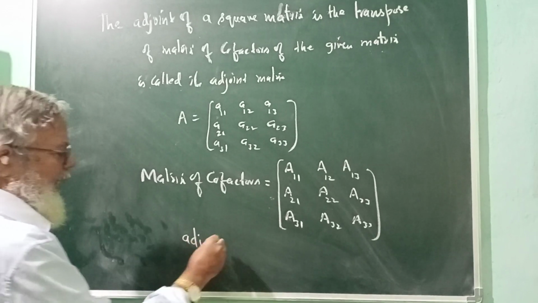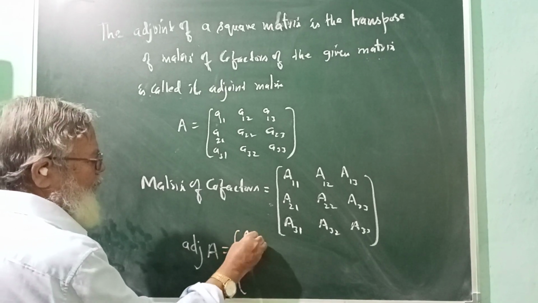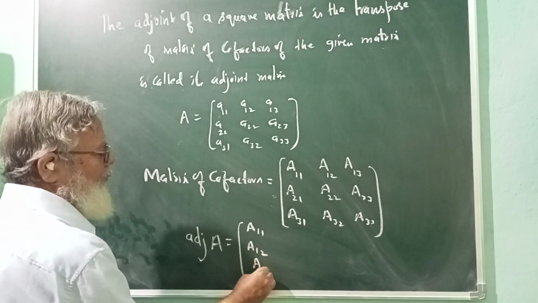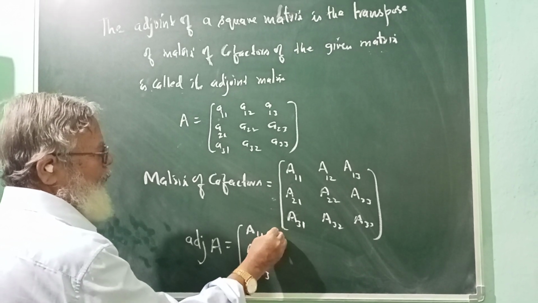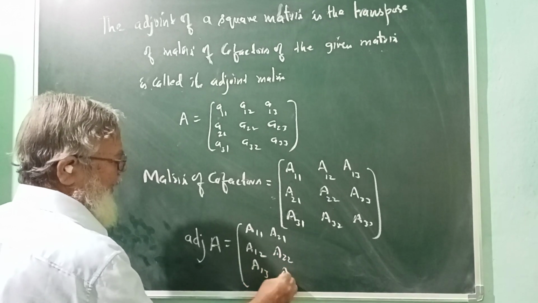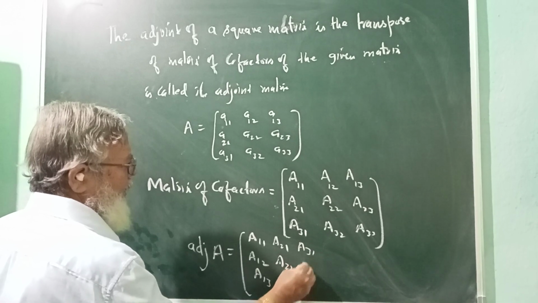To take the transpose, the first row will become the first column, the second row will become the second column, and the third row will become the third column.